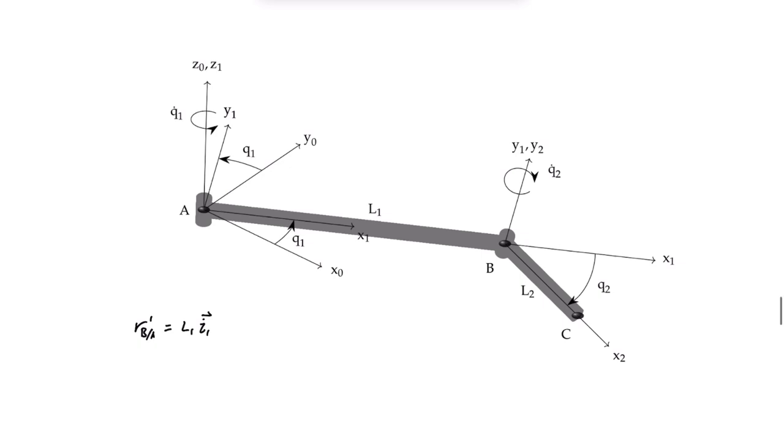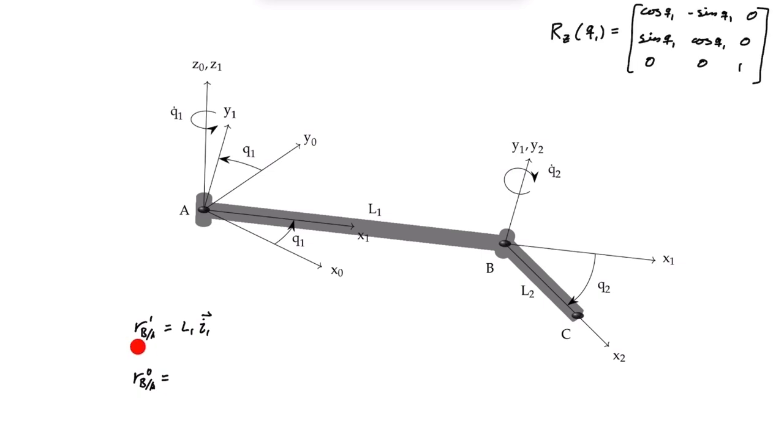So in order to find the vector AB with the 0 reference frame, you can see that the difference between this reference frame here and this one is that we just rotate around the z-axis. So the z-axis stayed the same, and these two here move with q1.